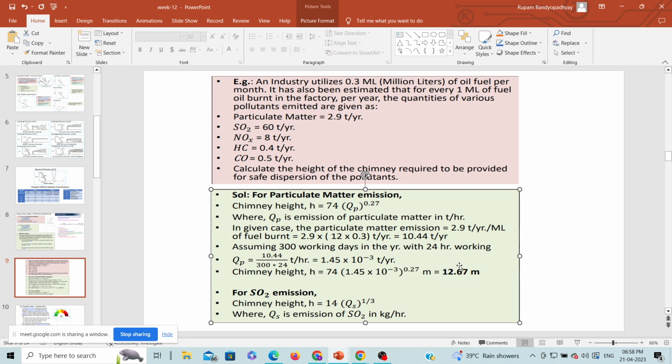Here you got 12.67 by this equation. Compare these two, and whichever is the greater value will be the answer. This way you can calculate the stack height.